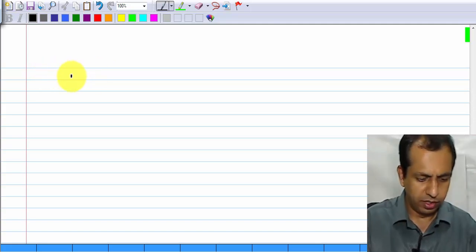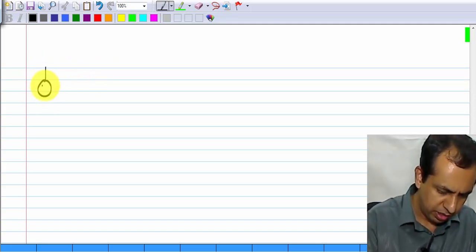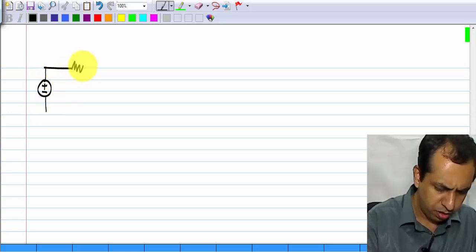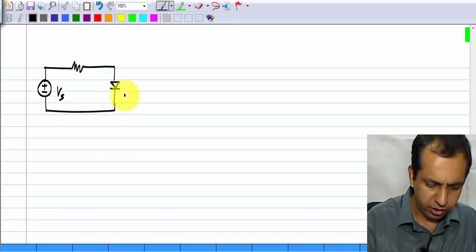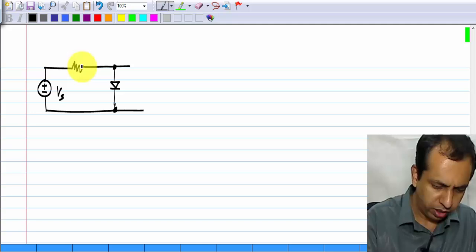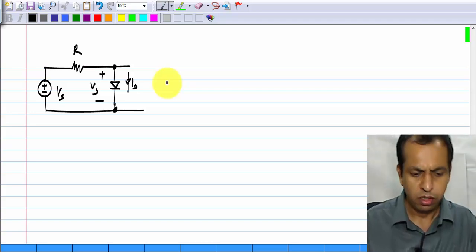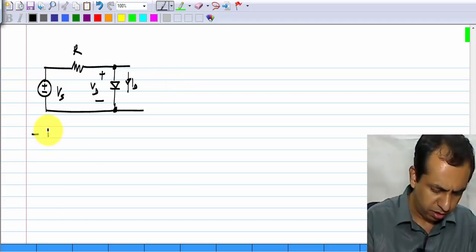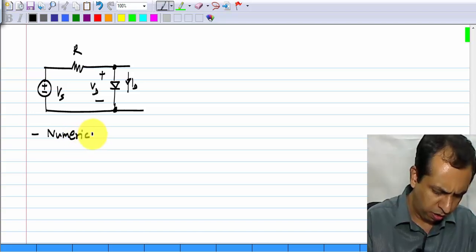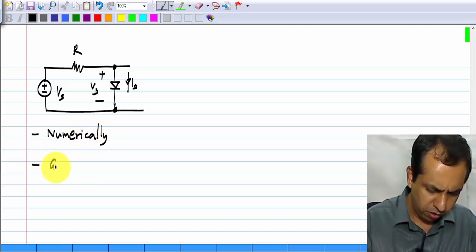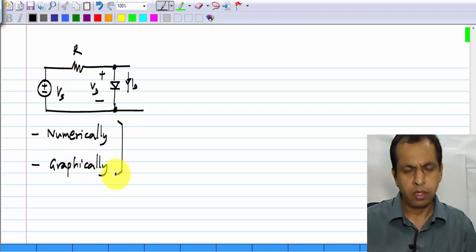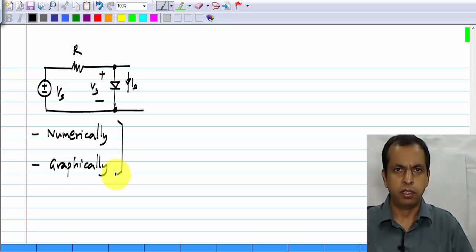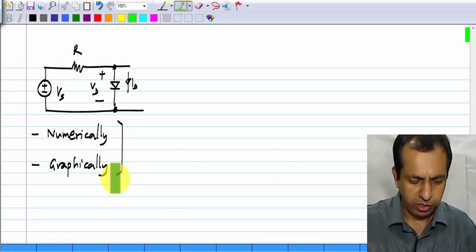We have previously considered an example with a two-terminal nonlinear element, and we can solve this numerically or graphically, but the real difficulty is that for every change in the input we have to redo this.